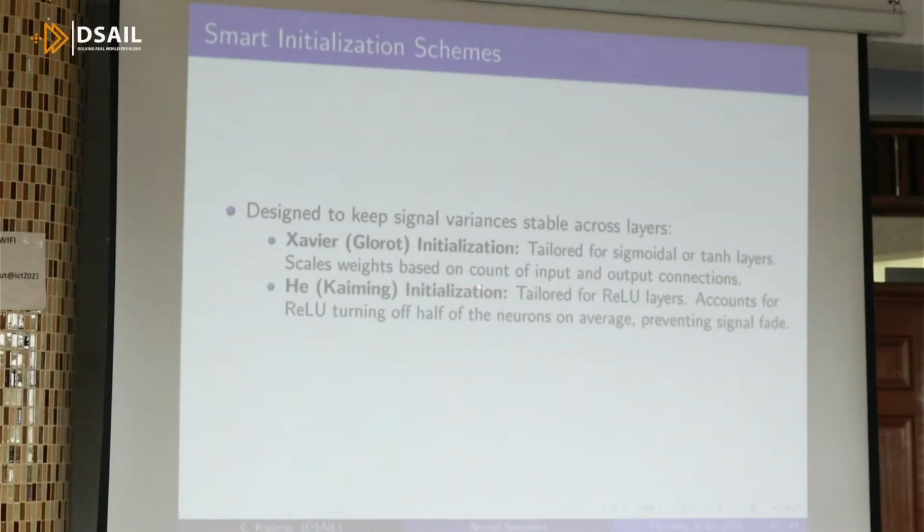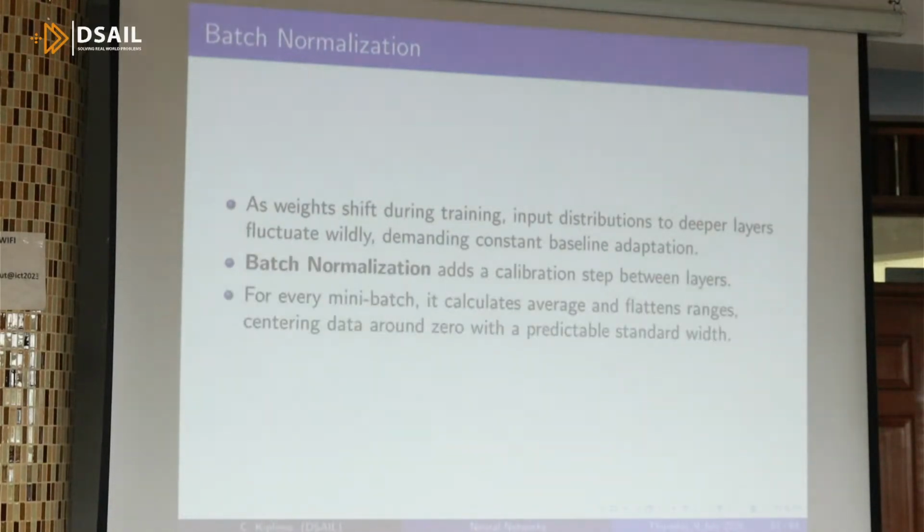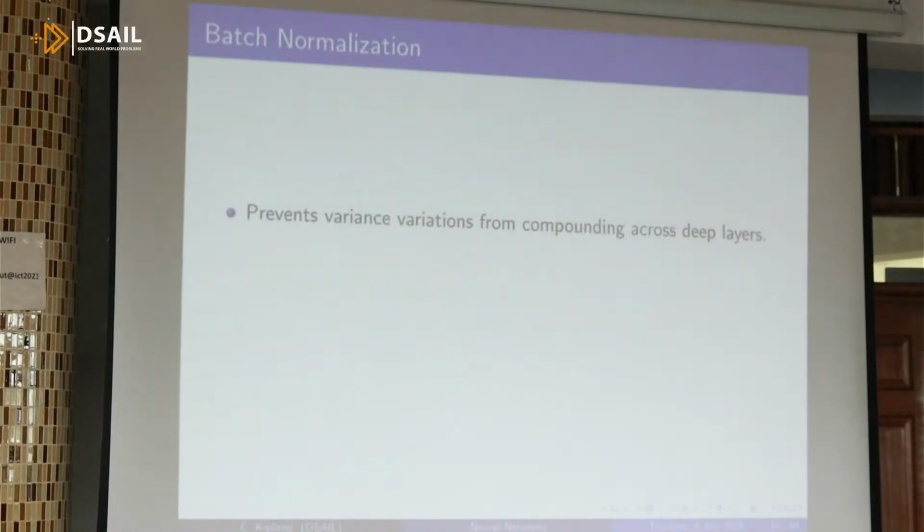You can use Glorot initialization or Xavier initialization. There's another one called He or Kaiming initialization. These are just nice, clever ways to initialize your networks so that it's much easier to begin the training and arrive at a good set of weights in your networks.